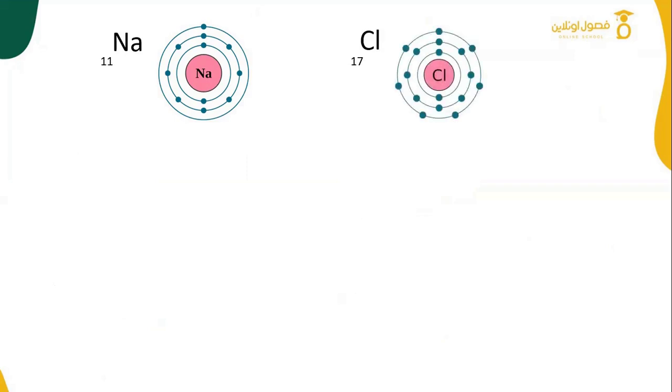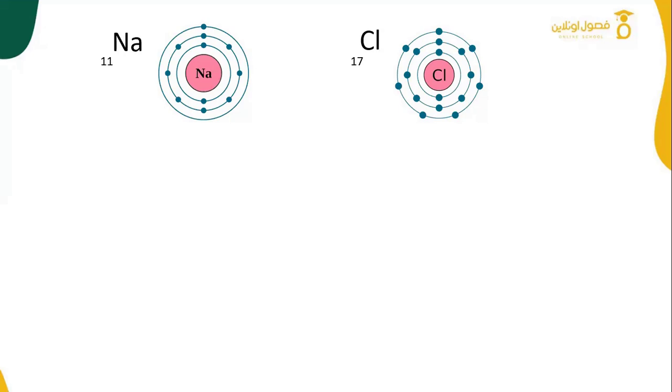Okay, for example, if we have a metal atom, sodium Na11, with an electronic configuration 281, and a non-metal atom, chlorine Cl17, with an electronic configuration 287.